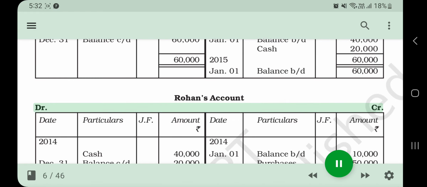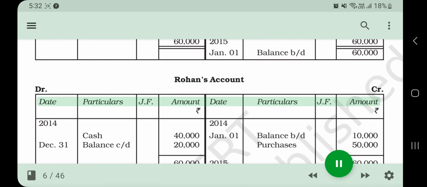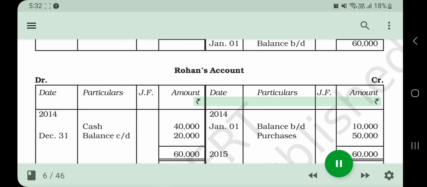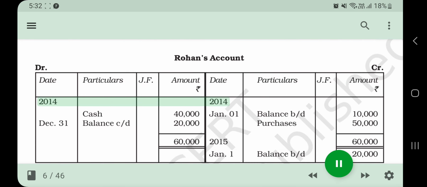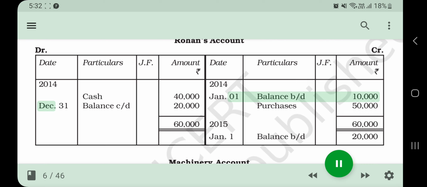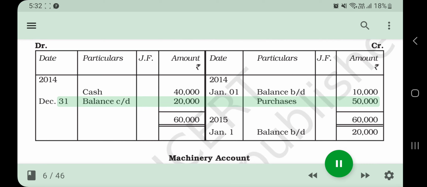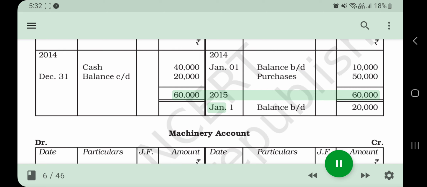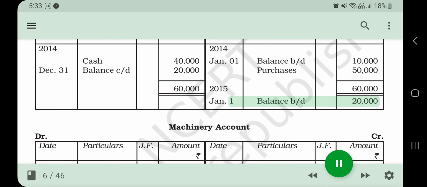Rohan's account. 2014 Cash 40,000; Jan. 01 balance b/d 10,000; Dec. 31 balance c/d 20,000; Purchases 50,000; total 60,000. 2015 Jan. 1 balance b/d 20,000.